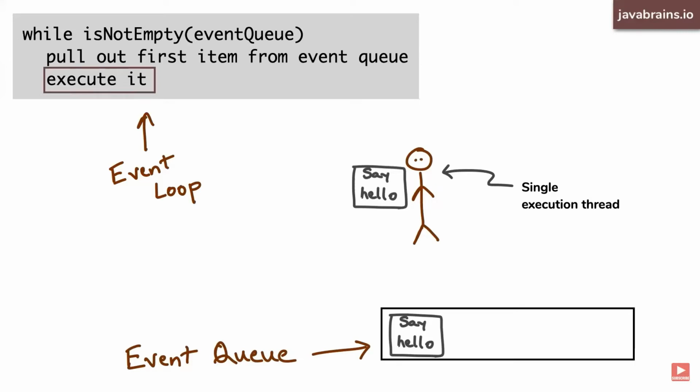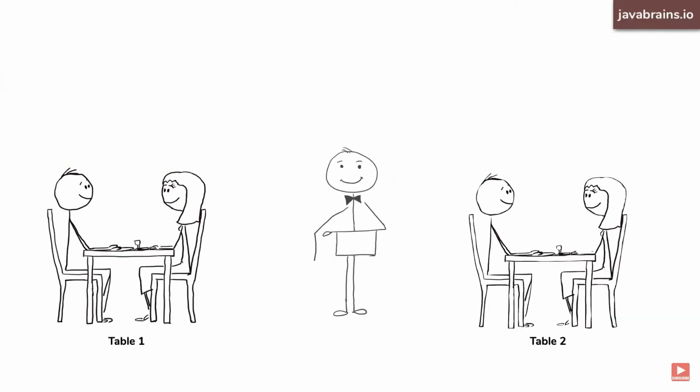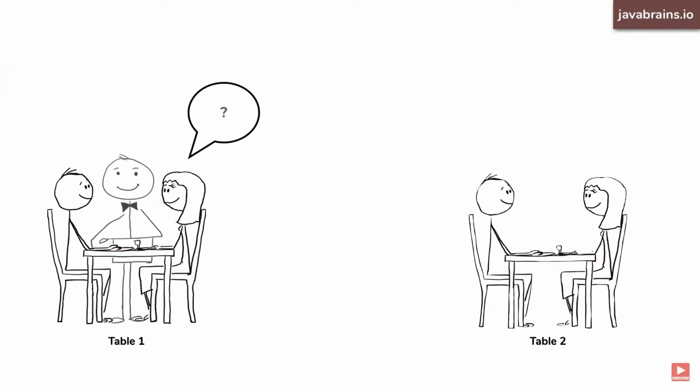When the thread picks up a function to execute, it can be either a simple one-step function or it can be a complicated one that calls some other functions. Now, if there are multiple functions, what happens is dependent on whether those are synchronous or asynchronous functions. Take the waiter example. The waiter picks up an event from the queue and goes to the table. Now, the person at the table starts giving him an order, but then midway, she checks with her companion at the table to ask what he wants.